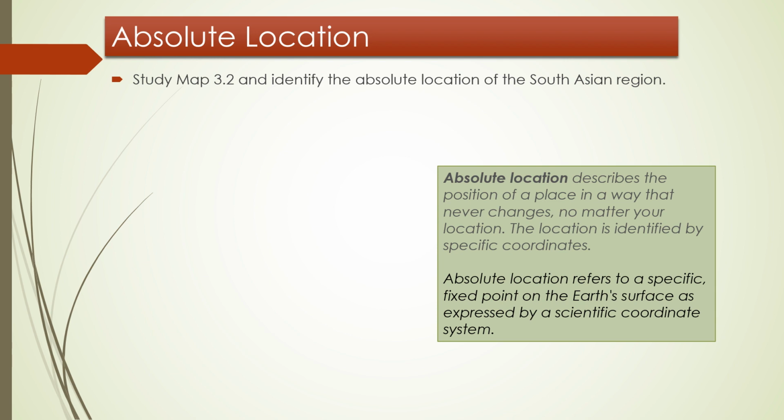Absolute location is the precise method of describing where a place is located, and it refers to a specific fixed point on the Earth's surface as expressed by a scientific coordinate system.